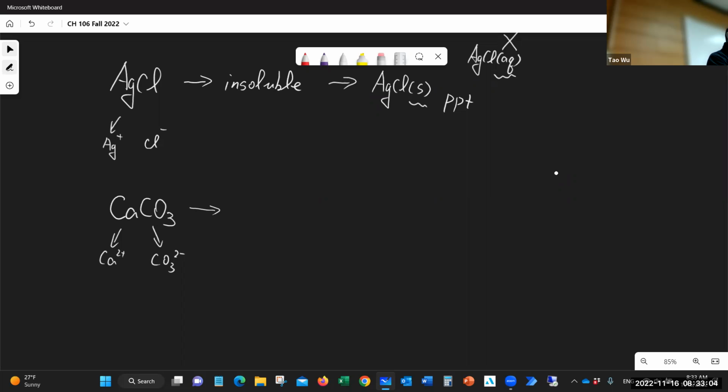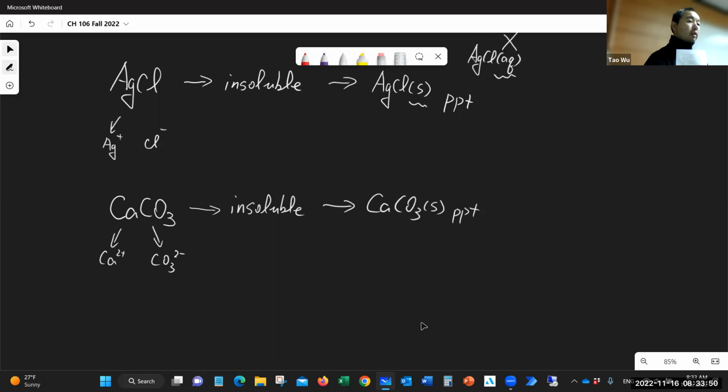So carbonate plus any other cation means it's insoluble. This is a precipitate, coming out of the solution. Does that make sense? Any questions? So the conclusion is that calcium carbonate is insoluble, and when it becomes a precipitate, you write calcium carbonate as a precipitate.